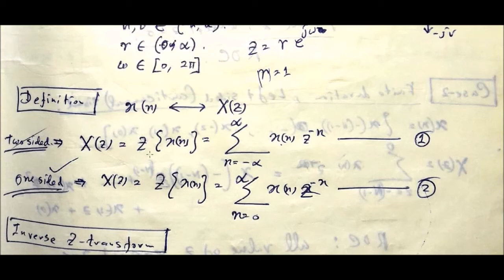The notation is capital Z within brackets x[n]. That means you are transforming the time domain signal into the z domain, which is defined as the summation of n from minus infinity to plus infinity of x[n] z to the power minus n. It is an infinite series, both sided.